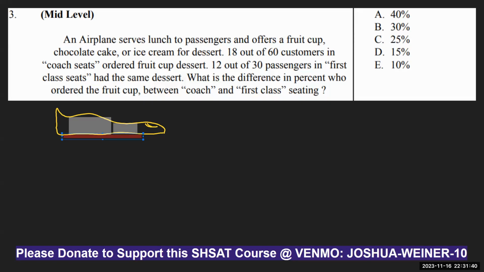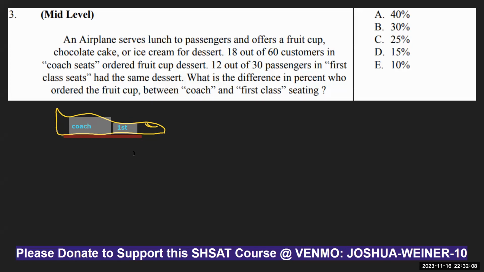So that's the idea, that there are different types of seating, and this is coach seating here, and this is first class. There might be a section of the plane where the seats have a little more leg room, or the seats are fancier, or you even have a dining table in front of your seat.